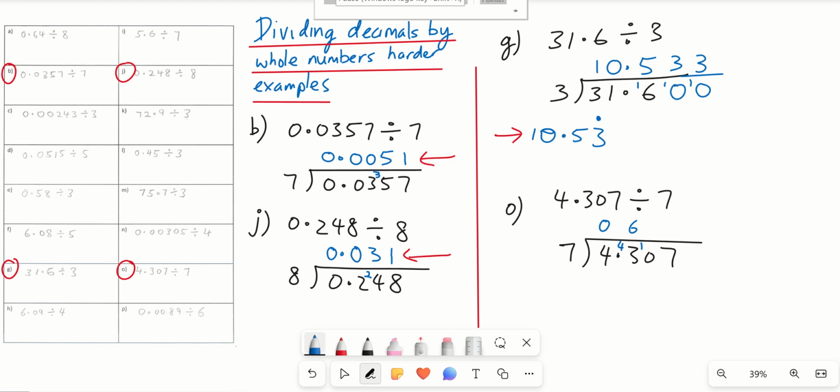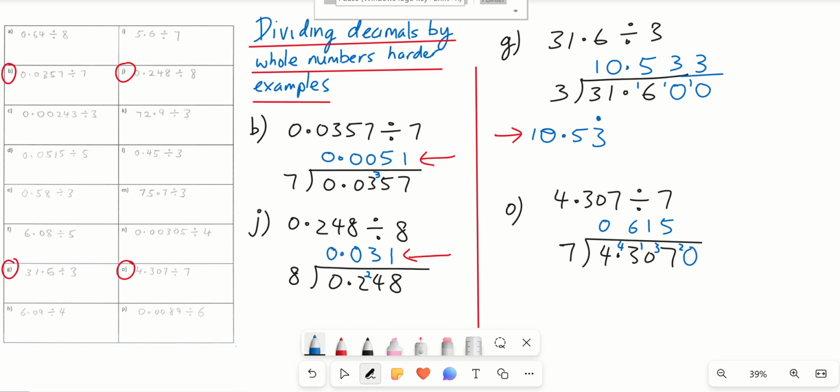We know that 1 combined with the next 0 gives us 10. We know that 1 seven goes into 10, giving us a remainder of 3, which is combined with the digit in the next column to form 37. We know that 5 sevens go into 37, and 5 sevens forms 35, which gives us a remainder of 2, which is combined with the 0 in the next column.